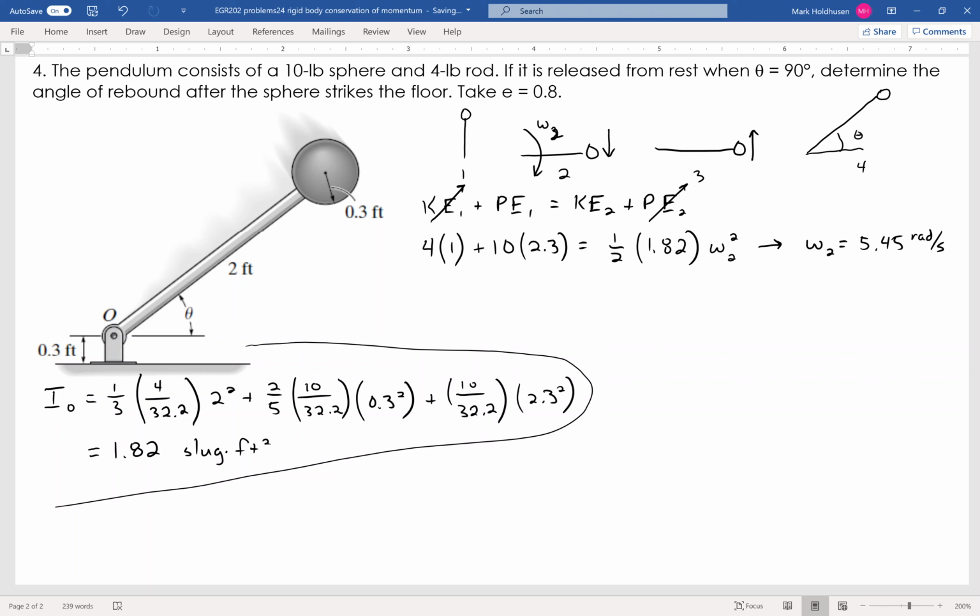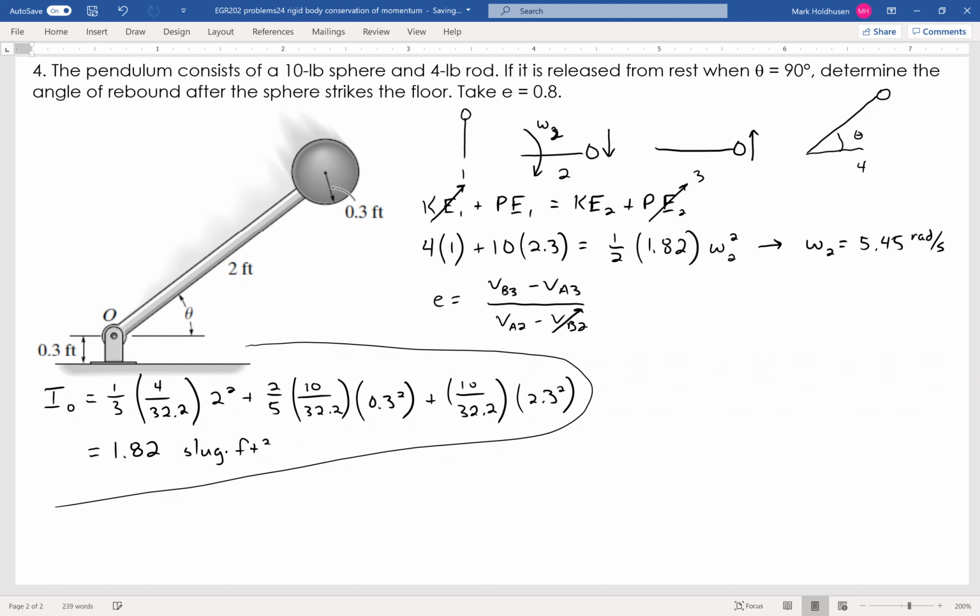Okay? Now, this thing's going to smash into the ground and head back the other way. I know that the coefficient of restitution is 0.8, so we're going to use that equation. E equals VB3 minus VA3 all over VA2 minus VB2.